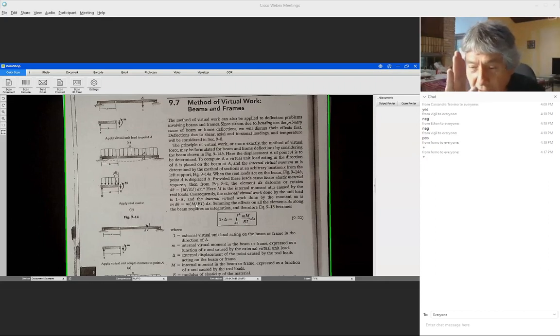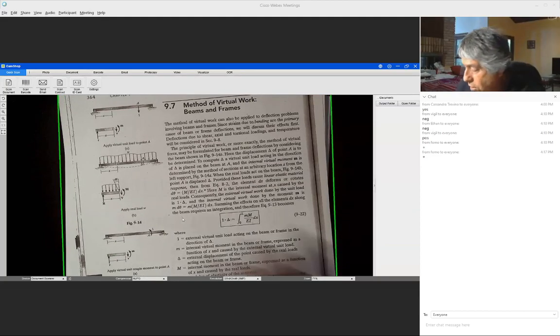Whenever we're doing this rotation, the moment is rotating the cross section through an angle. You can see that it's perfectly vertical; I'm rotating, so I'm creating an angle. So the internal work is the moment times the rotation.